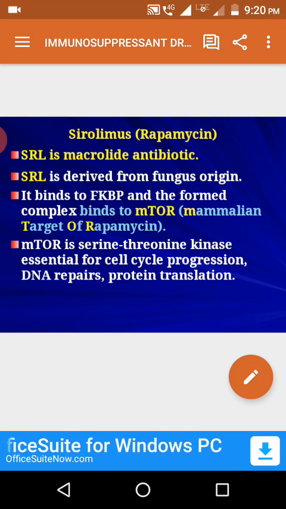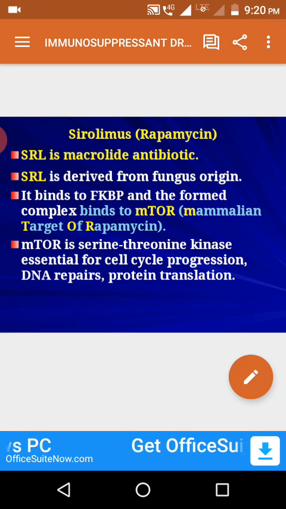So what is mTOR? mTOR is one of the cell proliferation promoters, a protein responsible for proliferation of cells. How does it happen? It moves the cell cycle from one phase to the other.